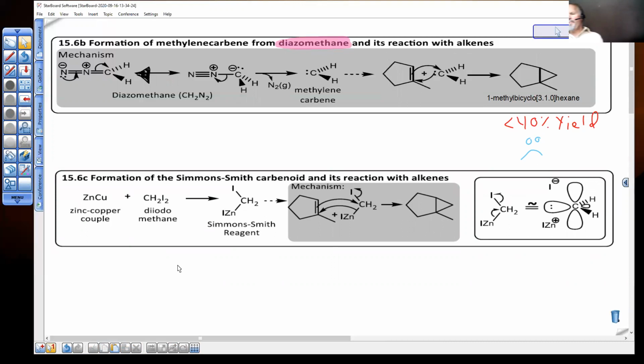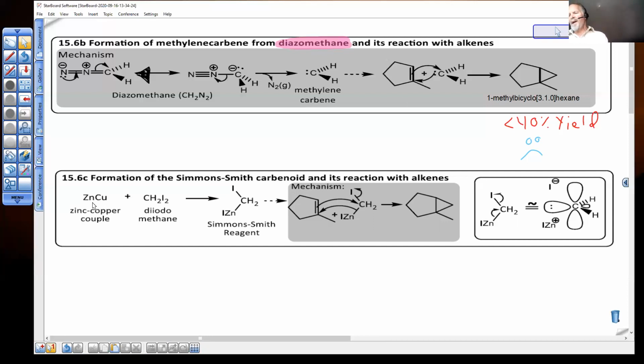You can buy a zinc, actually typically you make a zinc copper couple. You fuse metallic zinc on a finely divided copper. You don't have to worry about the method of doing that. It's really an alloy. Do you remember those alloys? A mixture of two metals.